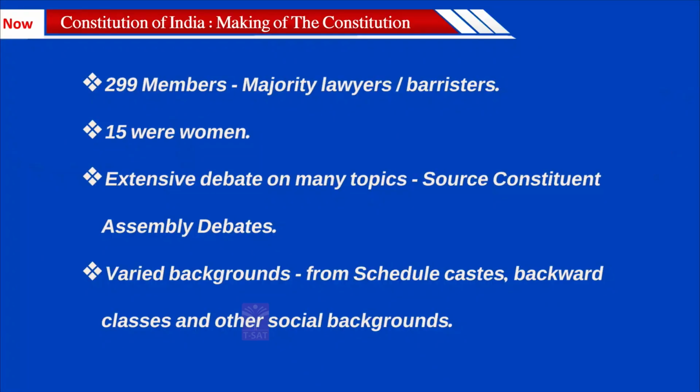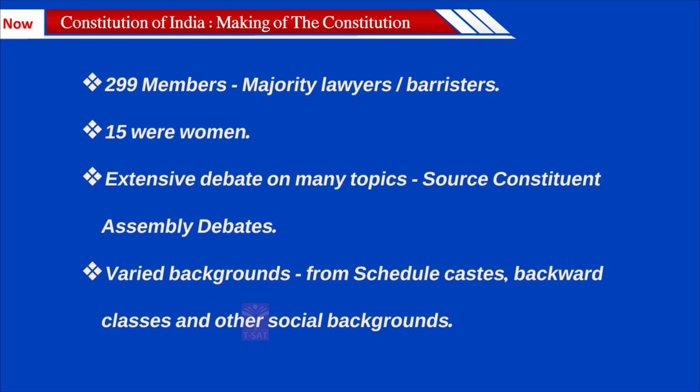Now, when it comes to the total strength of the Constituent Assembly, it was supposed to be more than 300 members, but as soon as the Mountbatten Plan was announced to partition the country into India and Pakistan, the members from the areas which were going to form the new independent state of Pakistan withdrew from the Constituent Assembly of India and the strength came down to 299 members.